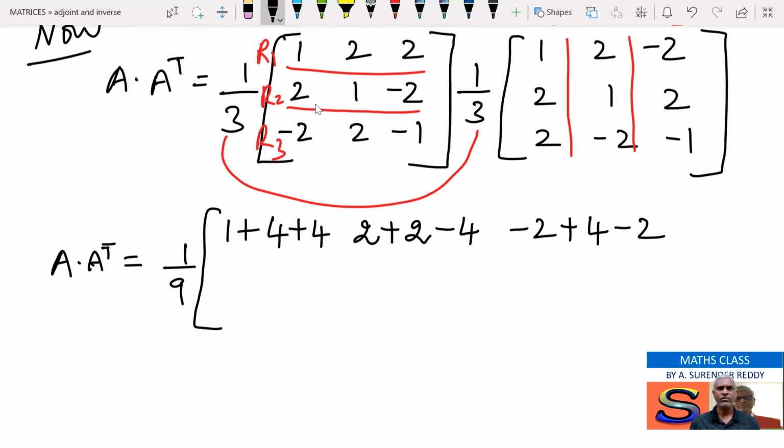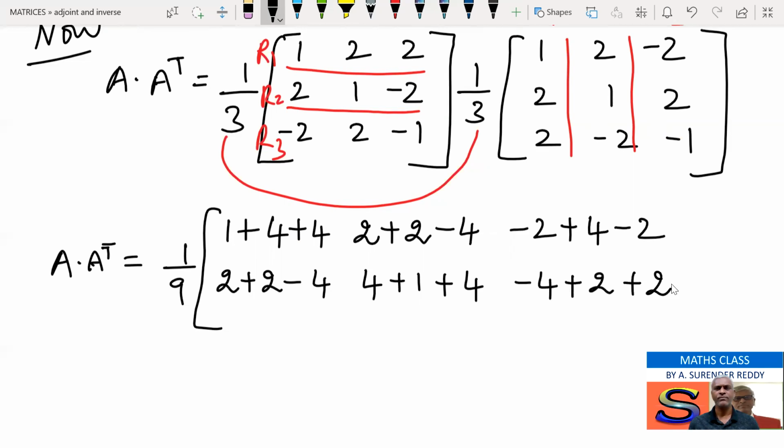Second row into first column, 2 into 1, 2, 1 into 2, 2, minus 2 into 2, minus 4. R2 into C2, 2 into 2, 4, 1 into 1, 1, minus 2 into minus 2, plus 4. R2 into C3, 2 into minus 2, minus 4, 1 into 2, 2, minus 2 into minus 1, plus 2.